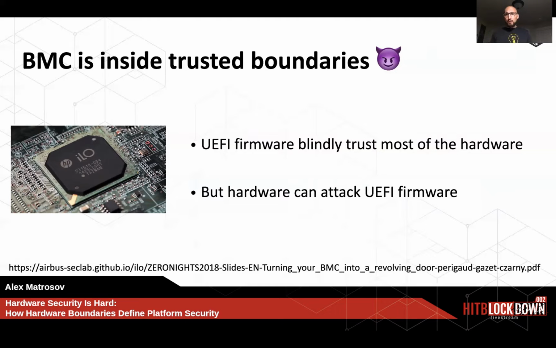You can't go and physically reboot or update each machine. So the BMC can update the system firmware, it can remotely reboot the machine, or even more, it can provide some debugging interfaces.